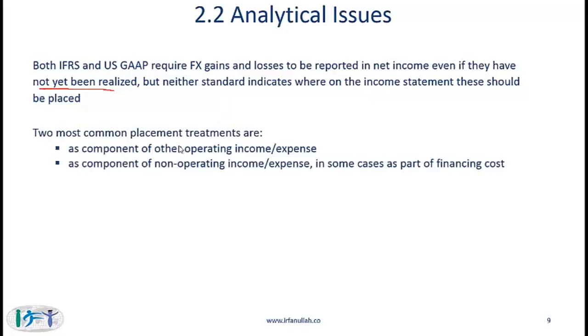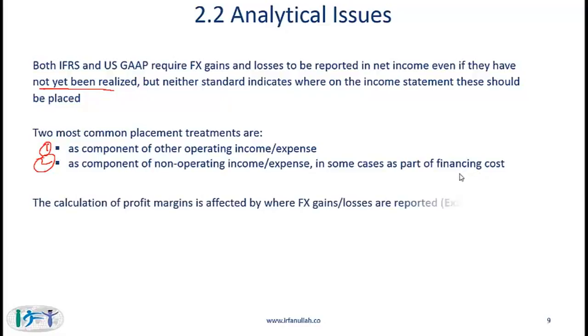These are the two common treatments. Number one, as a component of other operating income or expense, and number two, as a component of non-operating income/expense. In some cases, this is shown as part of financing cost.